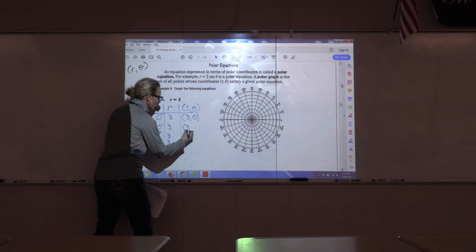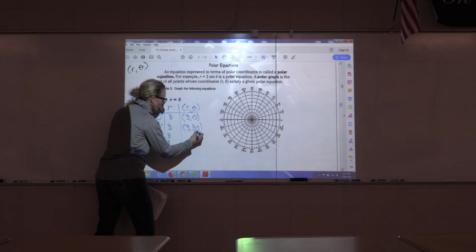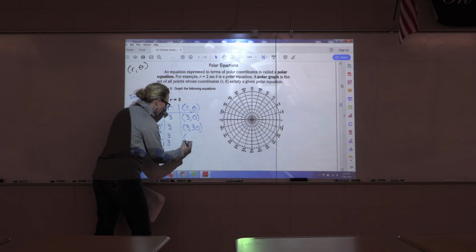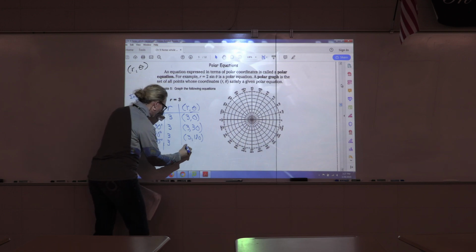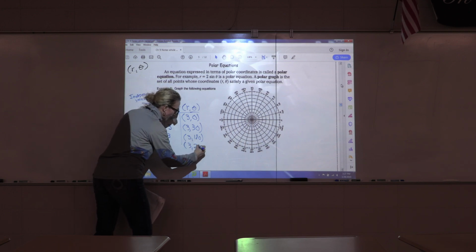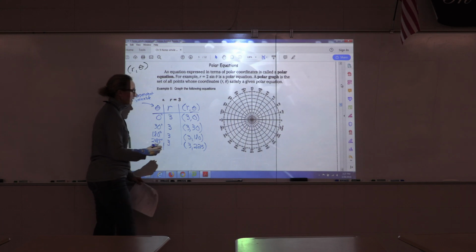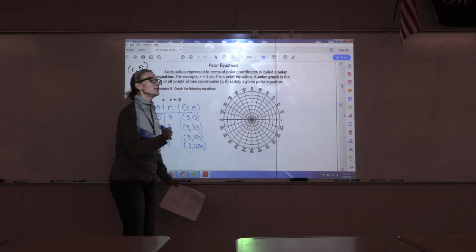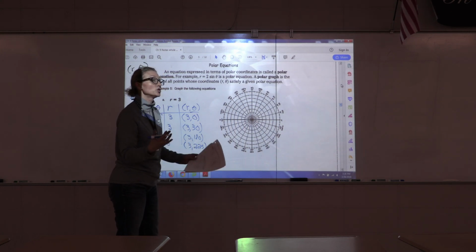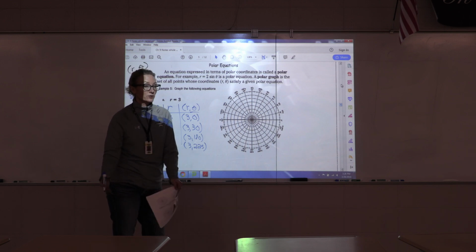This is the coordinate radius 3, 30 degrees. This is the coordinate 3, 180. This is the coordinate 3, 225. Okay, let's just graph those and see if we have enough points to understand the shape of the whole equation.